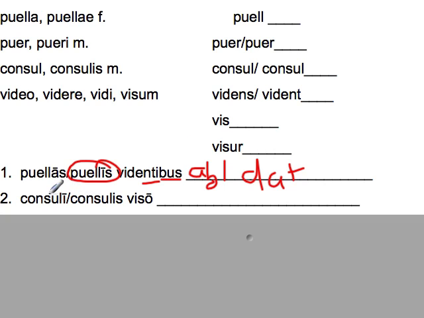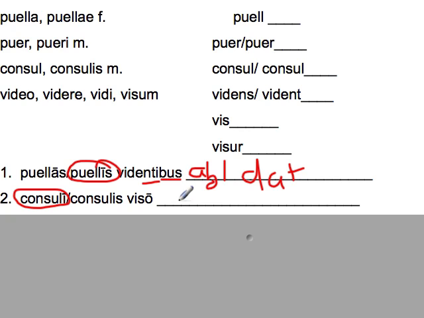Then I'm going to look over here. Consul, consulis, a third declension noun. Is it consuli or consulis? Which one of these is either dative or ablative? Third declension. The answer is consuli. That's a third declension dative, so that goes with viso.